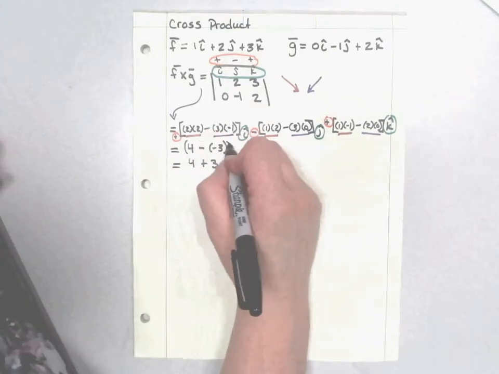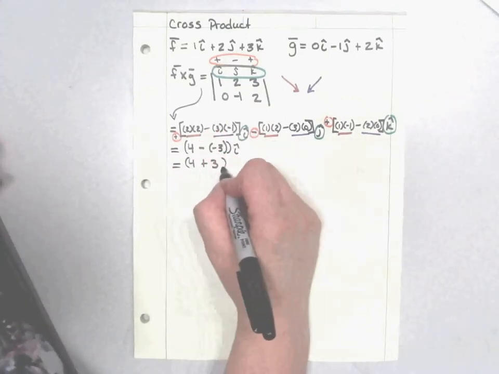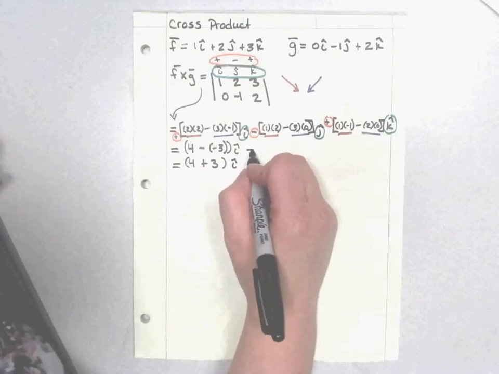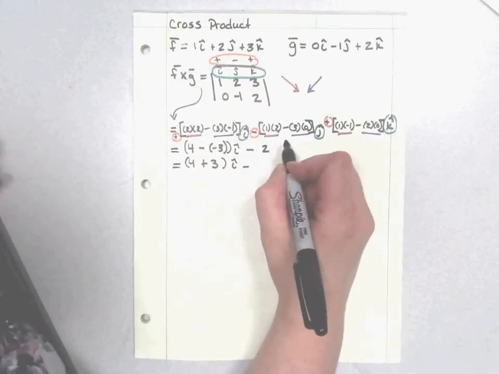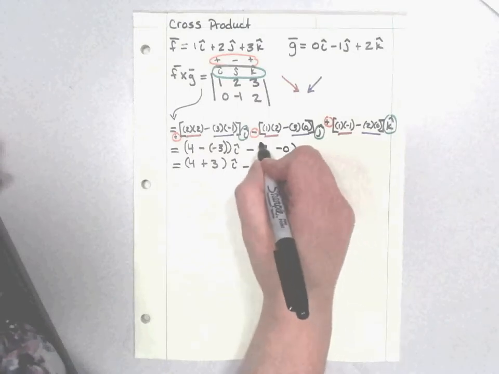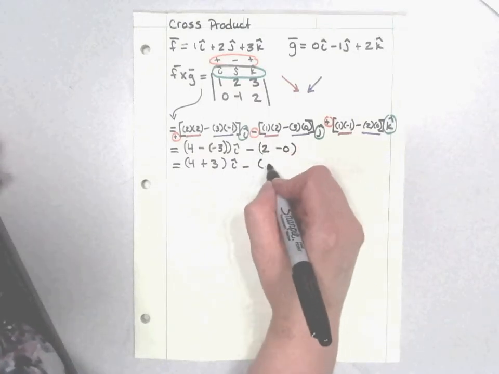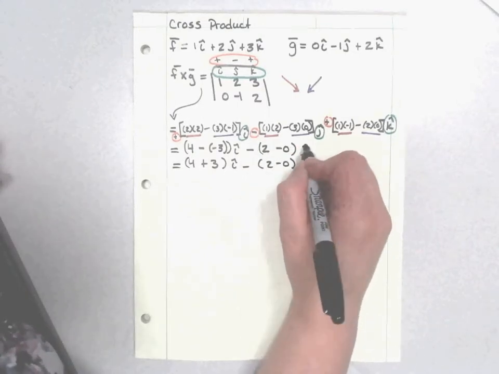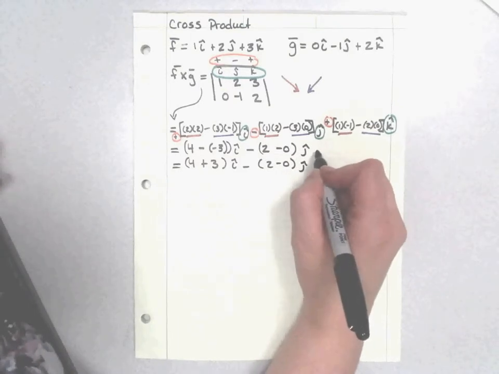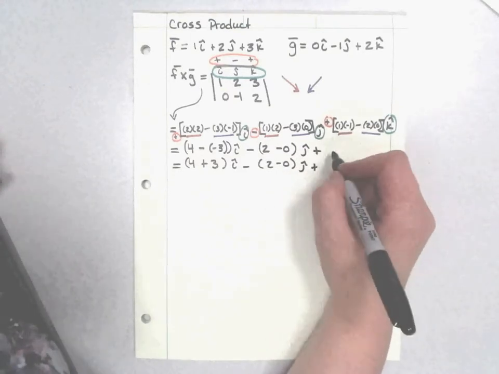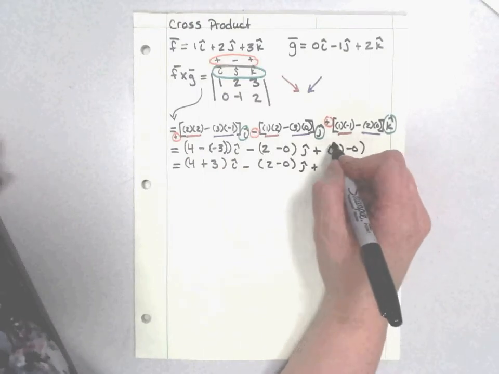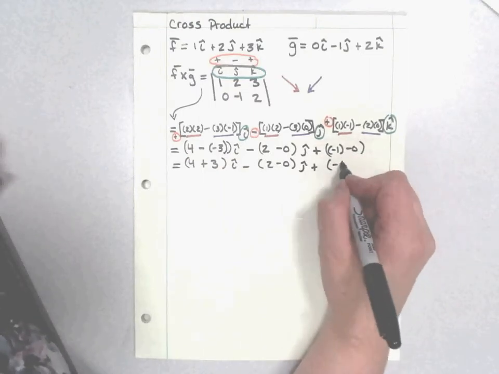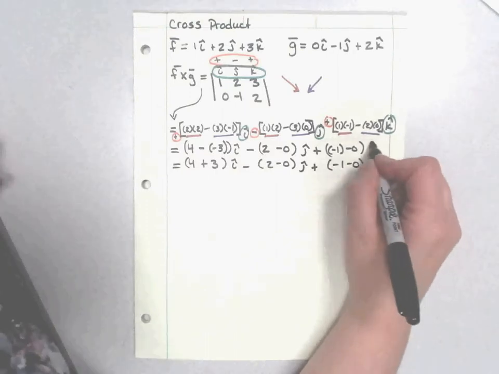And then this is my i component, and I've just simplified it another step here. Here I have 2 minus 0, and that simplifies still to 2 minus 0. Here I have negative 1 minus 0, which is still negative 1 minus 0 here.